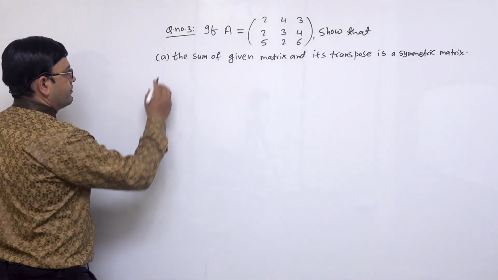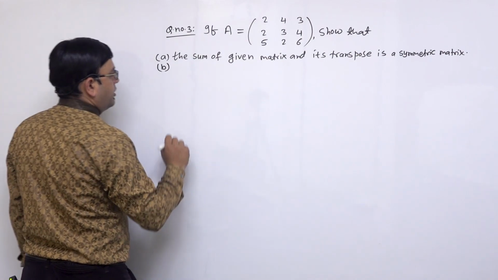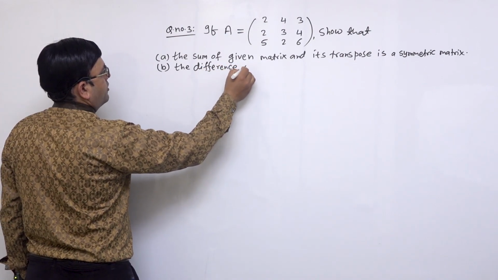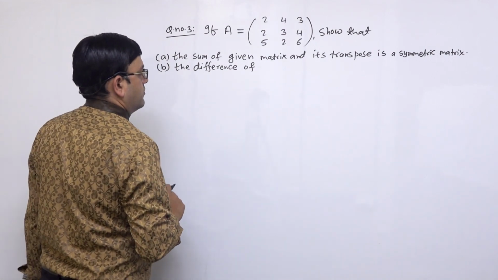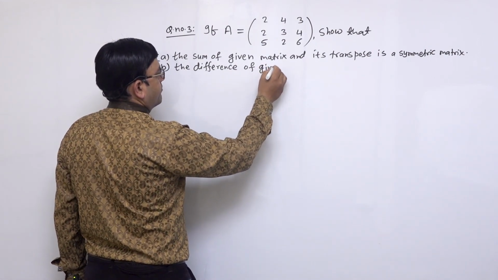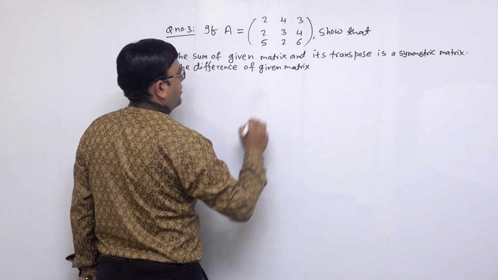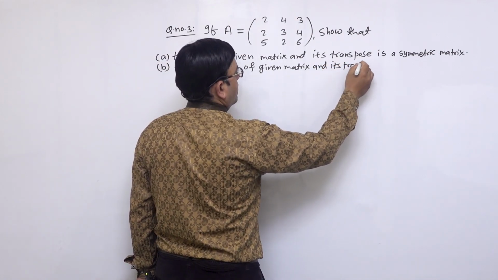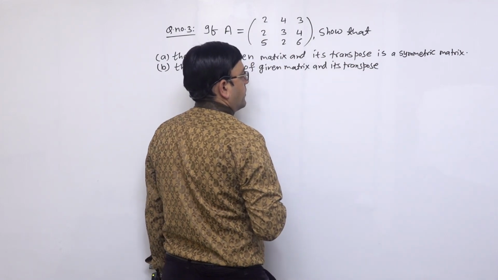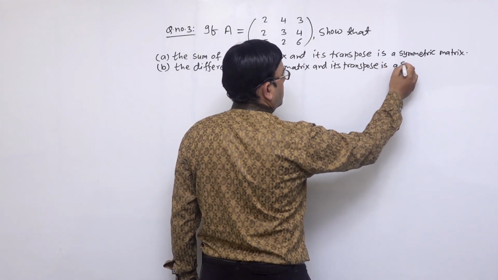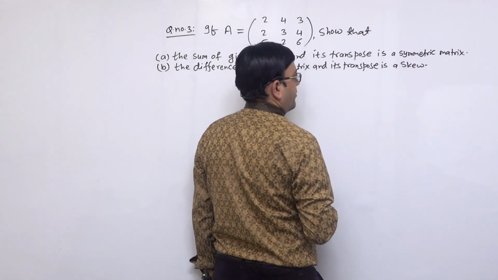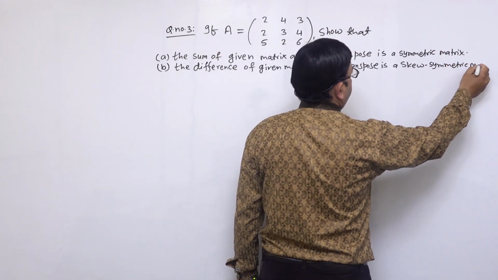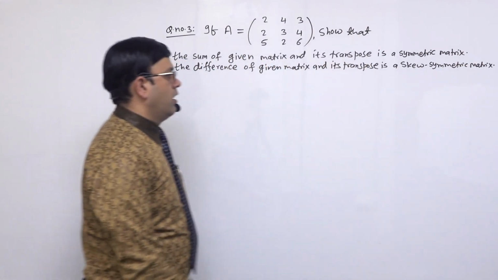And the next one, part B: the difference of the given matrix and its transpose is a skew symmetric matrix.